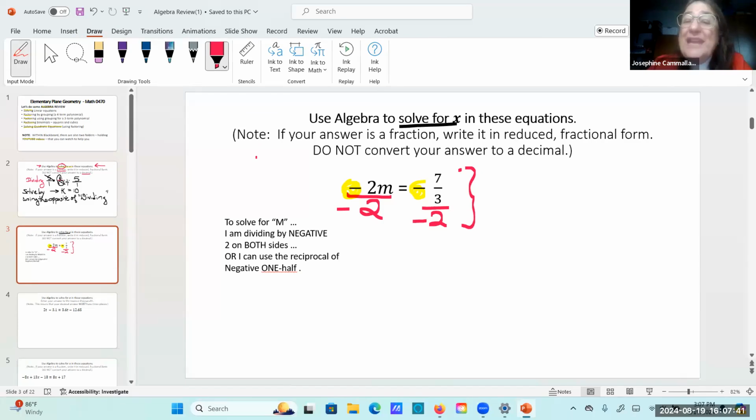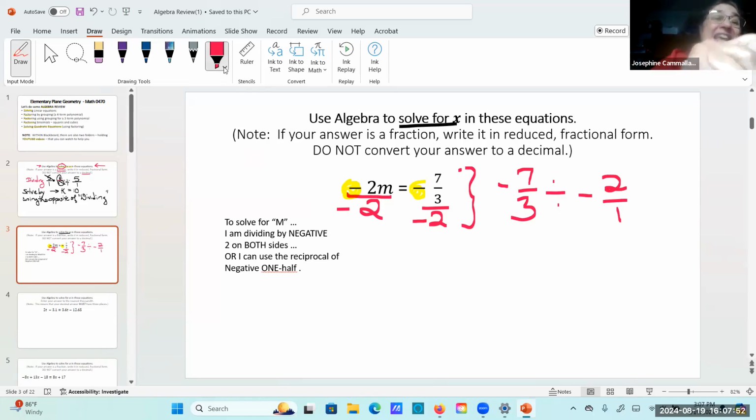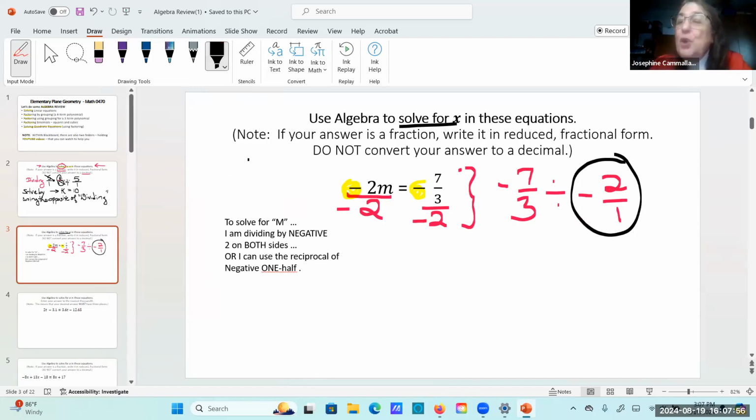Okay. This would give me -7/3 divided by -2/1. That would mean this fraction would have to flip. Because remember, we're dividing. Okay. If I divide, I would use the reciprocal.